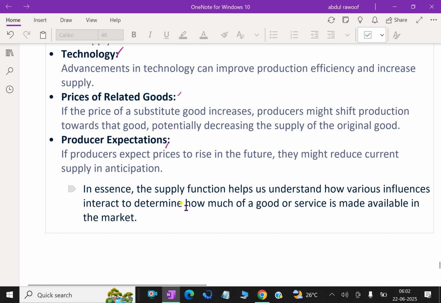Producer expectations: if producers expect prices to rise in the future, they might reduce current supply in anticipation. In summary, the supply function helps us understand how various influences interact to determine how much of the good or service is made available in the market.